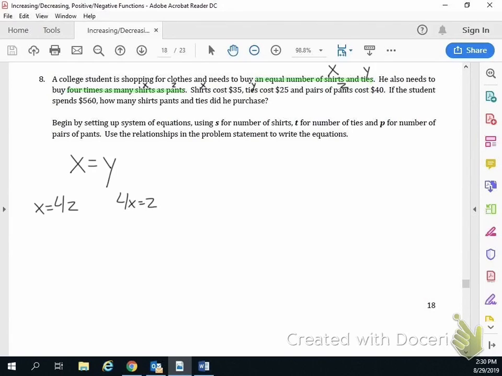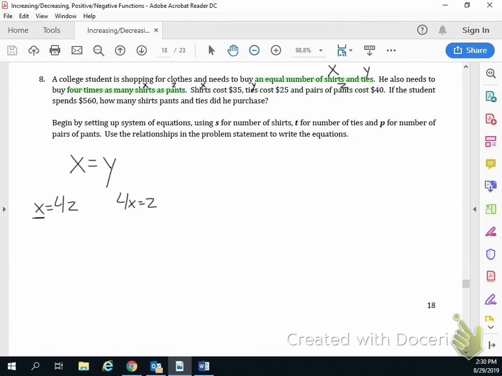And this is why I'm pointing this out, because it's the first one. A good way to look at this: if he's buying 4 times as many shirts as pants, what is he buying more of, shirts or pants? Shirts. So shirts needs to be by itself. The larger amount needs to be by itself.